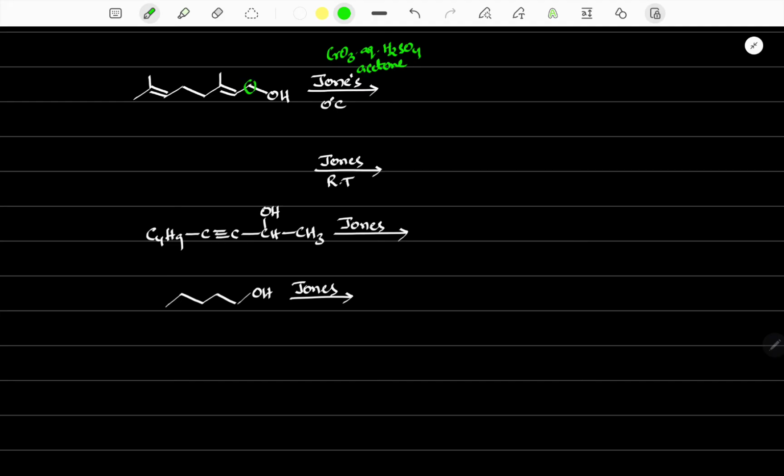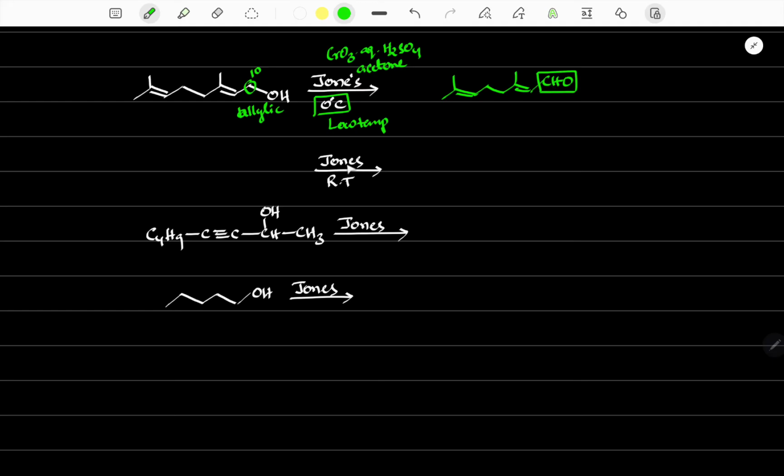So here it is a primary alcohol and it is an allylic alcohol, with temperature 0 degrees Celsius, which is low temperature. So we have discussed already primary allylic alcohol at low temperature will be converted into aldehyde. Therefore, this carbon will be converted to aldehyde.